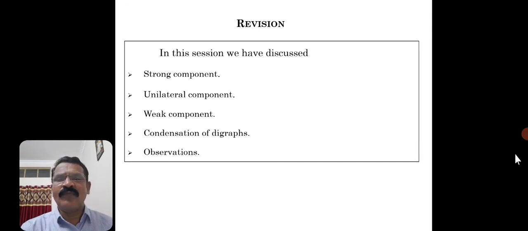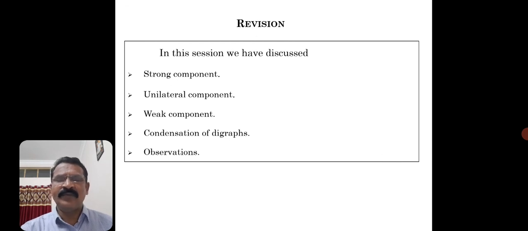So far in this session, we have discussed three different components in the digraph: the strong component, the unilateral component, and the weak component. Then we have considered the concept of condensation of a digraph, in which the vertices of the condensation are the strong components of the digraph.